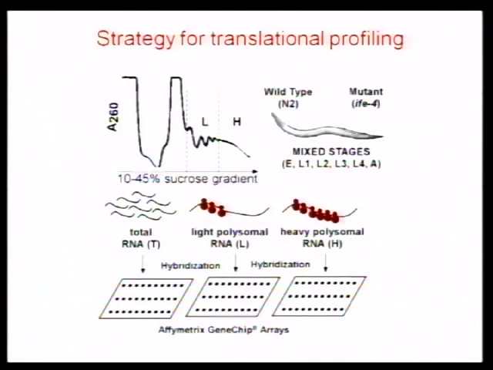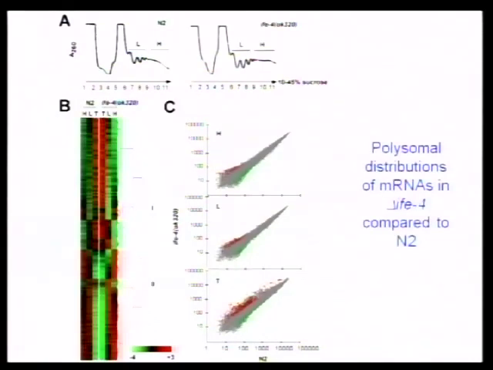So we take the light polysomes and do an Affymetrix DNA array experiment, and the heavy polysomes, and then the total, and we ask which messages are underrepresented in the mutant in the high or the low region, and which ones are transferred up to just the untranslated region. So by comparing all 18,000 genes in C. elegans, we can see which ones are the most affected.